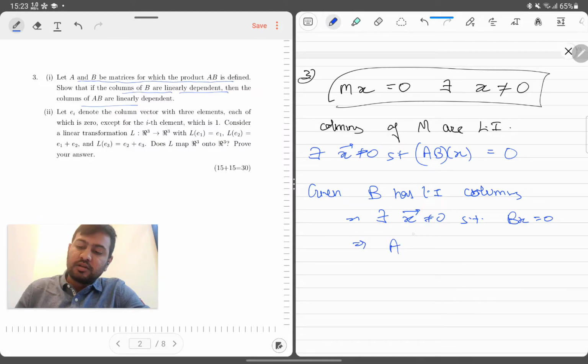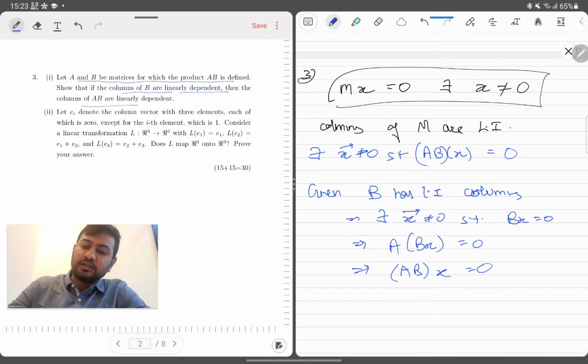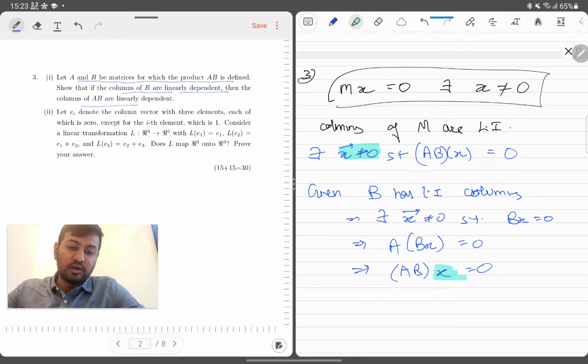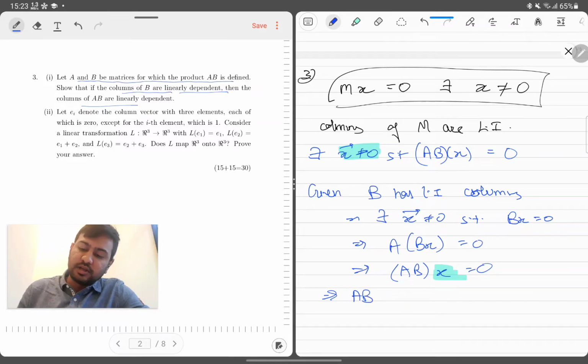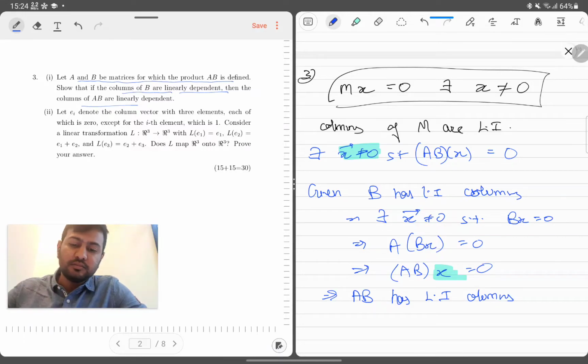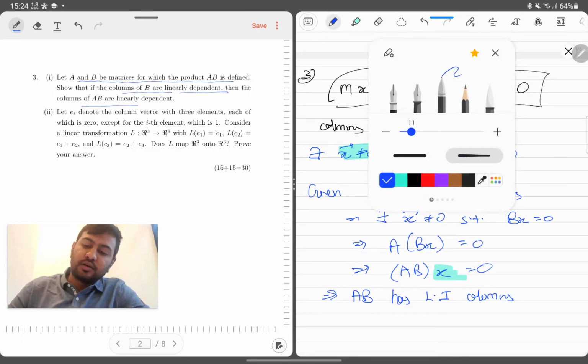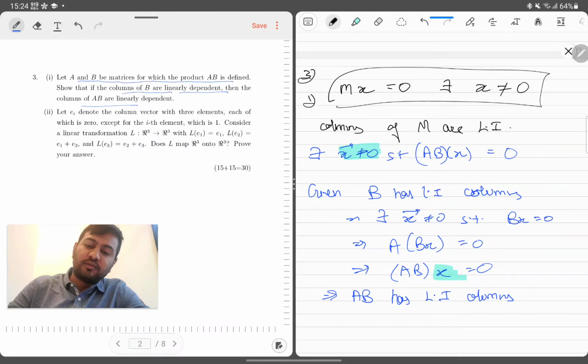This implies A times Bx will also be 0, which implies AB times x will also be 0, and this is the x that I have been looking for to show that AB has linearly independent columns. So now my job is done. What this proves is that the matrix AB has linearly independent columns. Okay, so that takes care of the first part.